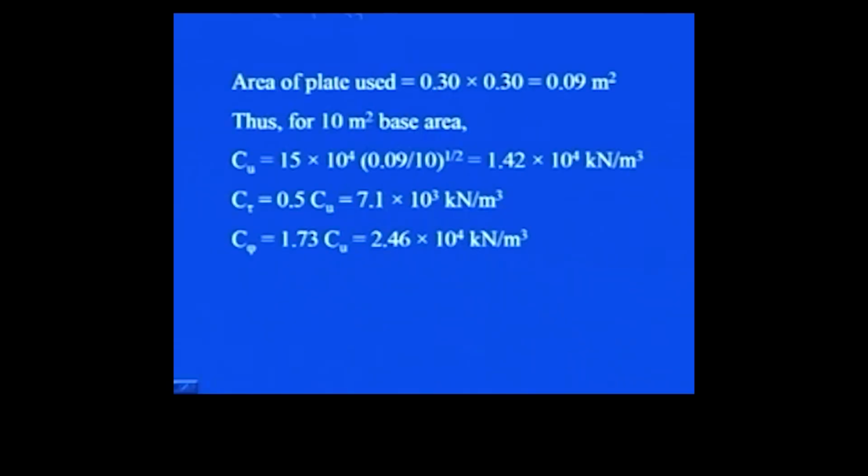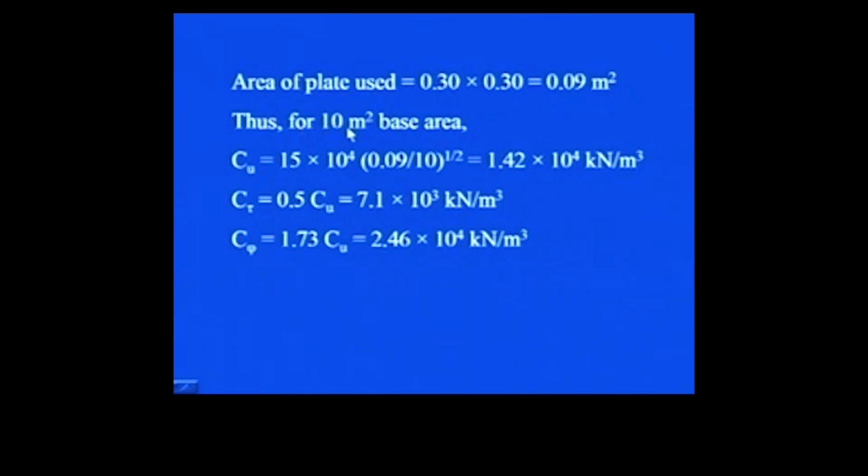You can see here that the area of the plate which is used is 0.3 into 0.3, because the size of the plate is 30 centimeter by 30 centimeter. So, in meter it will be 0.3, which will result in an area of 0.09 meter square.